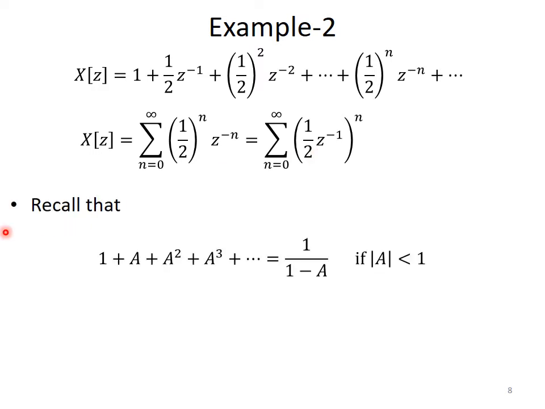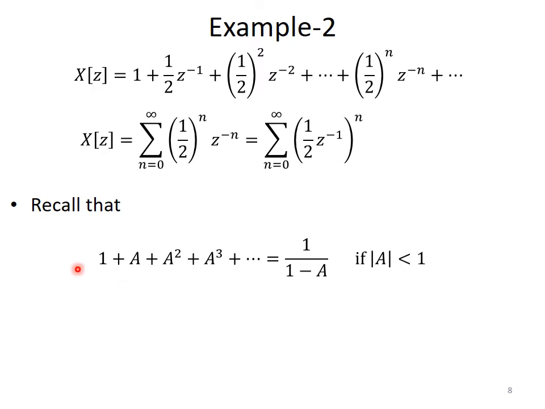Now, if you remember, while solving the convolution sum in previous lectures, we came across this sequence where 1 plus a plus a square plus a cube, in an infinite series, is equal to 1 upon 1 minus a if the magnitude of a is less than 1.